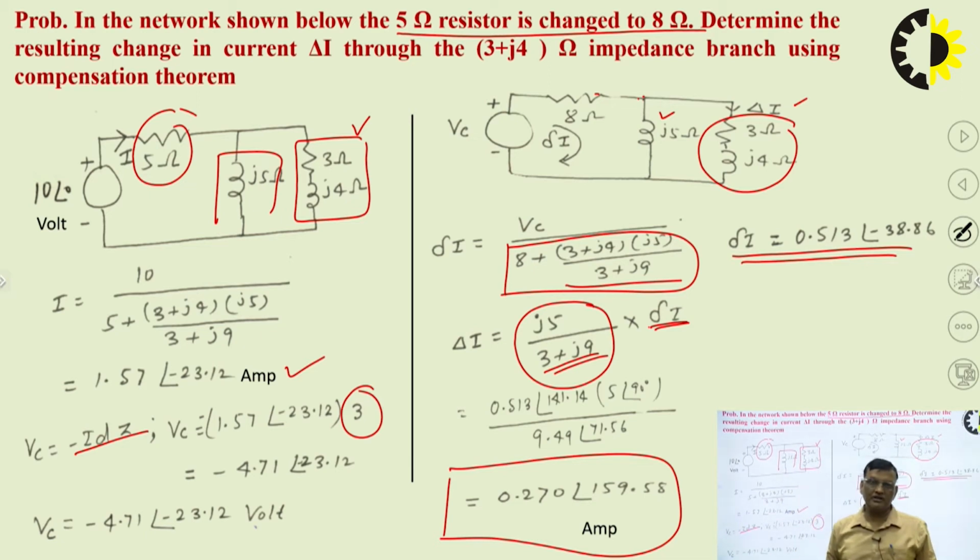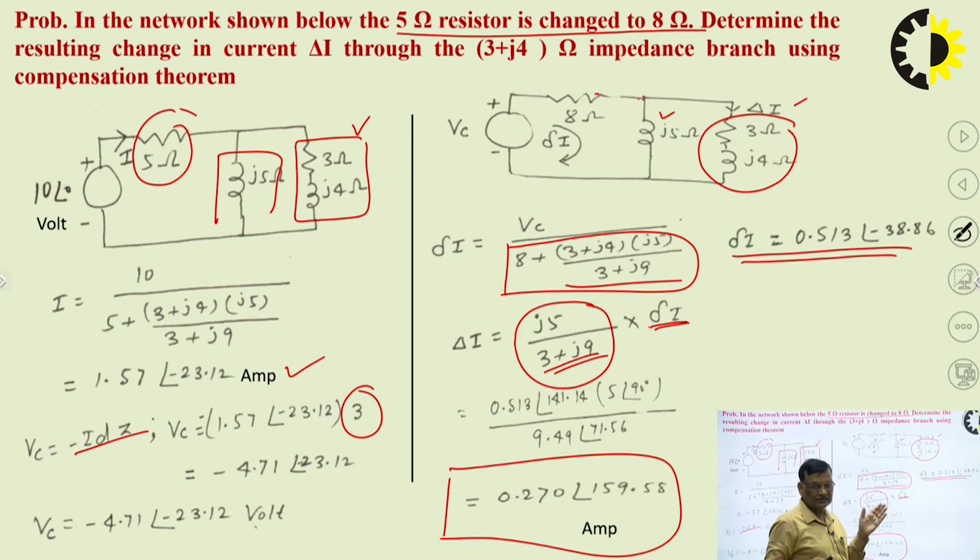So there are three types of questions that may be asked. If it is purely theoretical, then they may ask to state, explain and prove the compensation theorem. The second question will be where the circuit is given and you are required to verify the theorem. And the third one is this type of question.